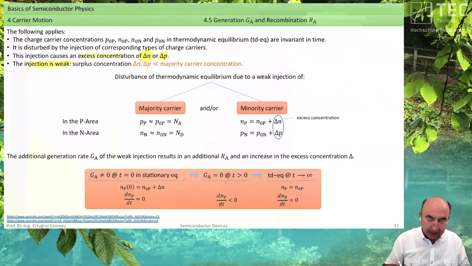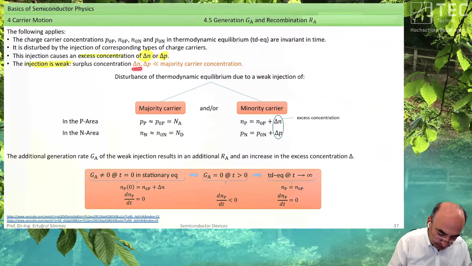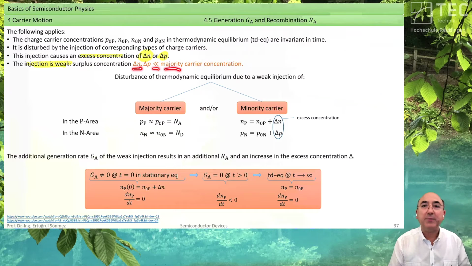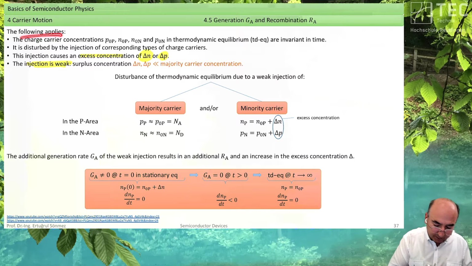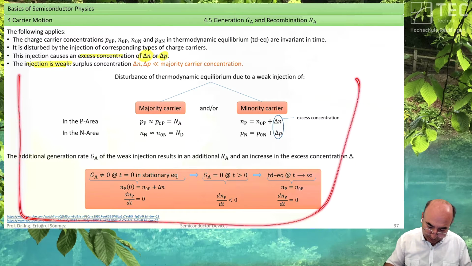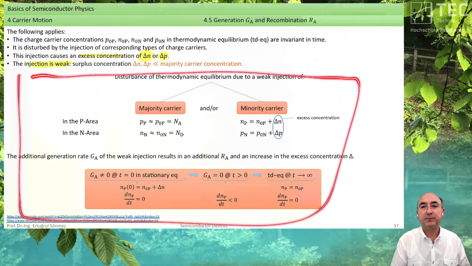So the injection, the excess concentration, is much smaller than the majority carrier concentration. Okay, now we have all conditions which apply for the following statements.